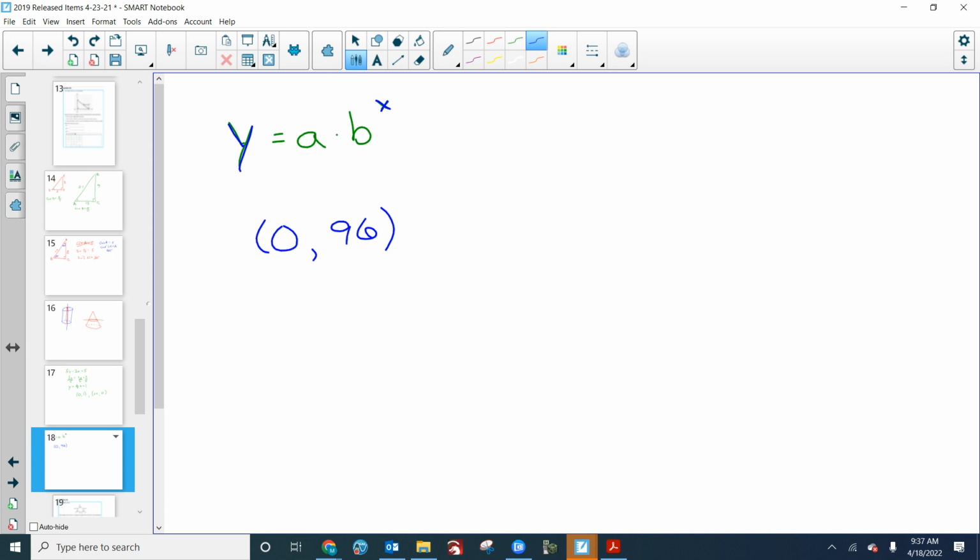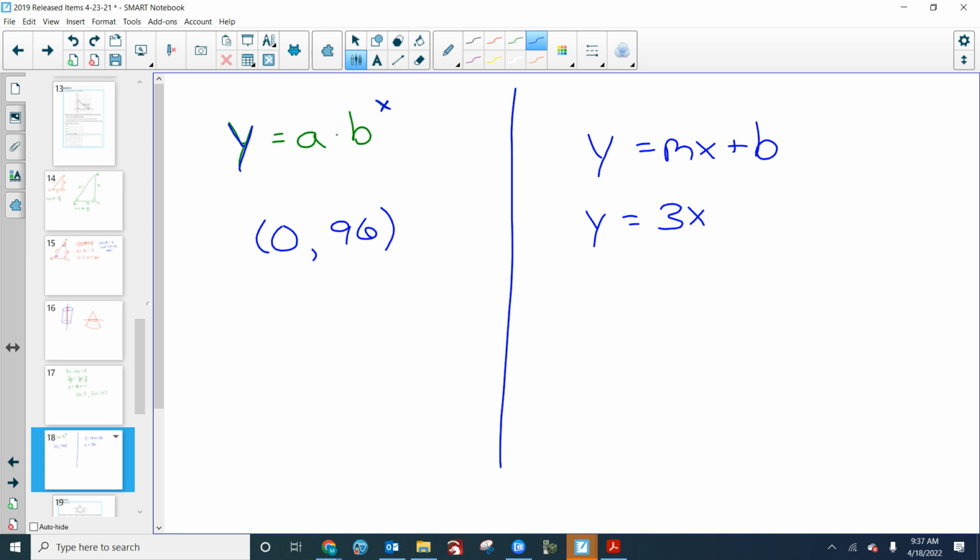For example, when we do y equals mx plus b, give me an example of a line. Y equals 3x plus 5. What did I fill in? The m and the b. But the equation kept x and y, right?